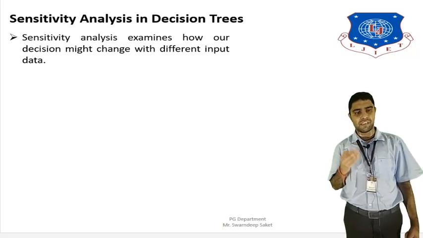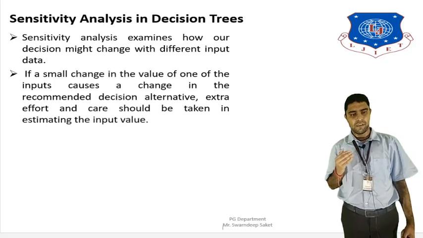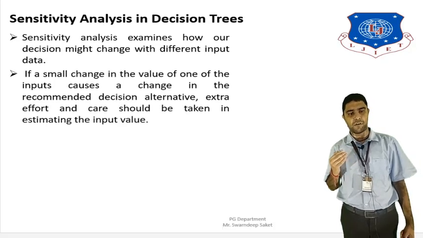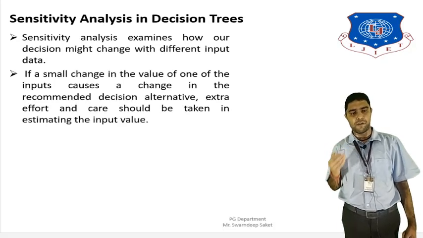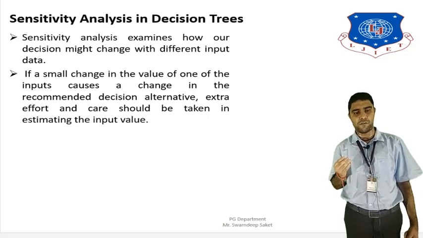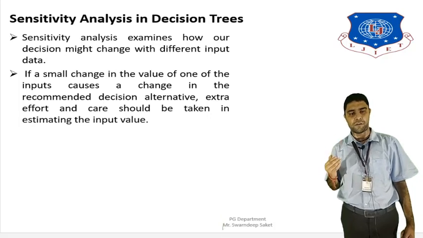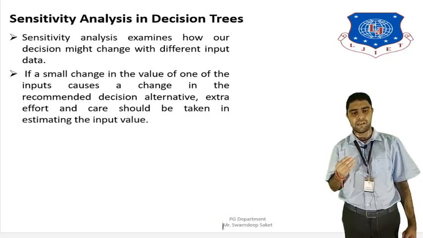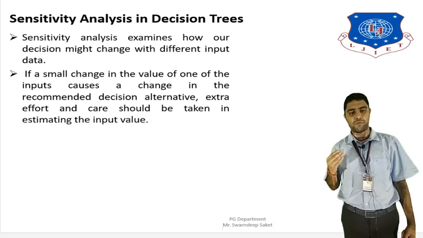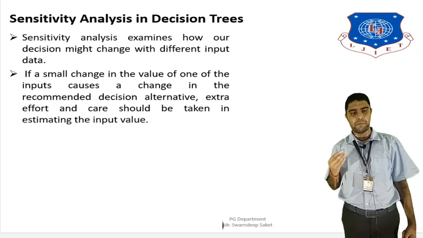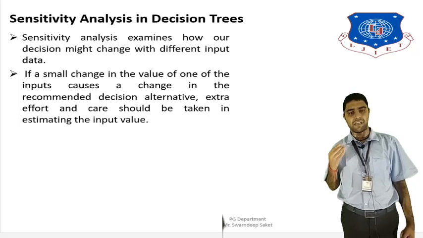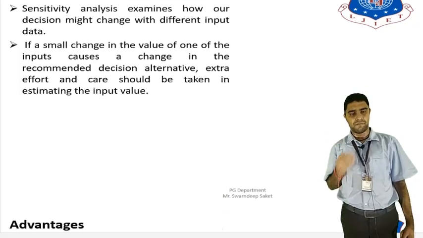If there is a small change in the value of one of the inputs, then it can change the recommended decision alternative. So there are different alternatives, and if we change an input, the decision alternative may change, and extra effort can be put into estimating the important input values.